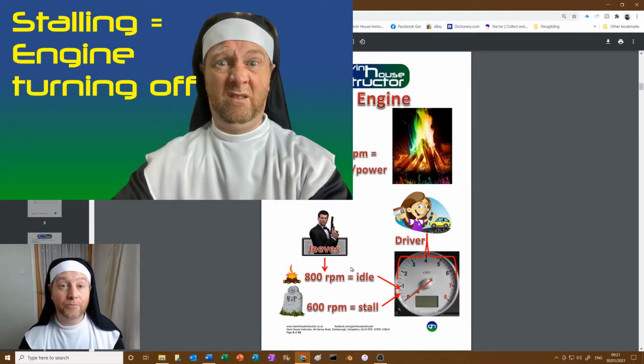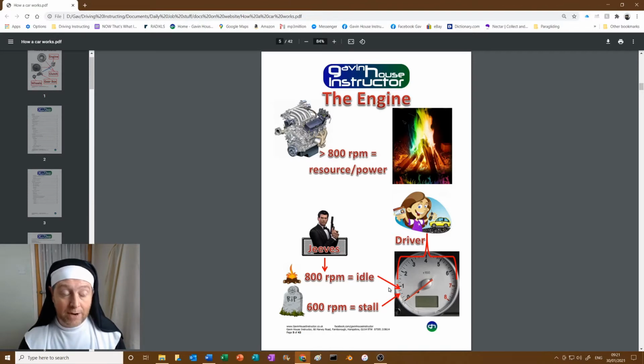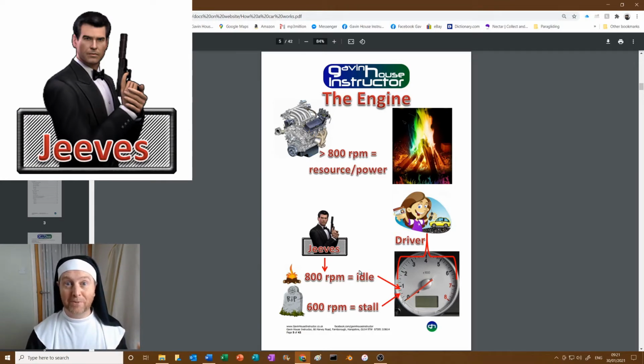Right, now, the thing that keeps the engine running is an idle valve, and that is a butler, for want of a better word. I have a butler inside the engine. He's called Jeeves in my instance, and his job is to keep squirting diesel into the engine, and it keeps the engine running.